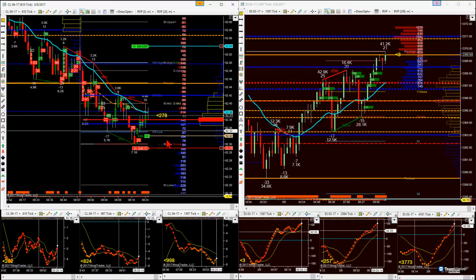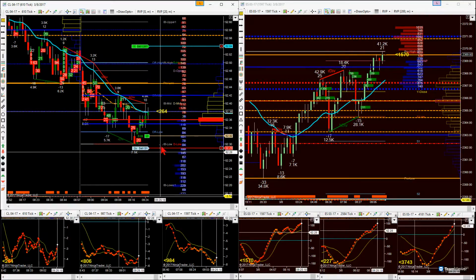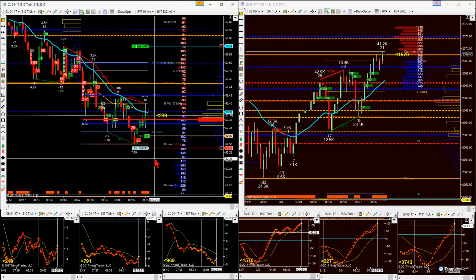I'm going to close one of these at 5 ticks. Much smaller profit target than I like to shoot for, but I do want to lighten my risk here.